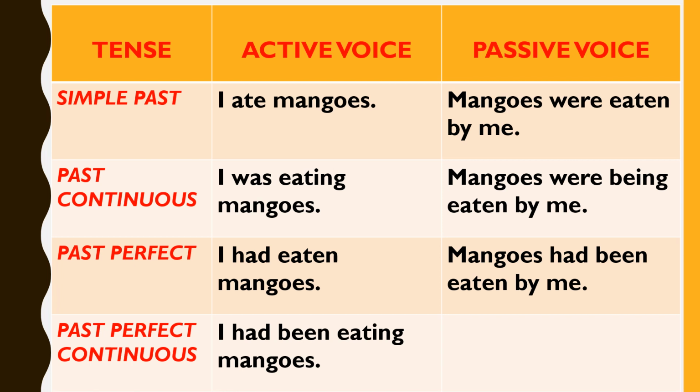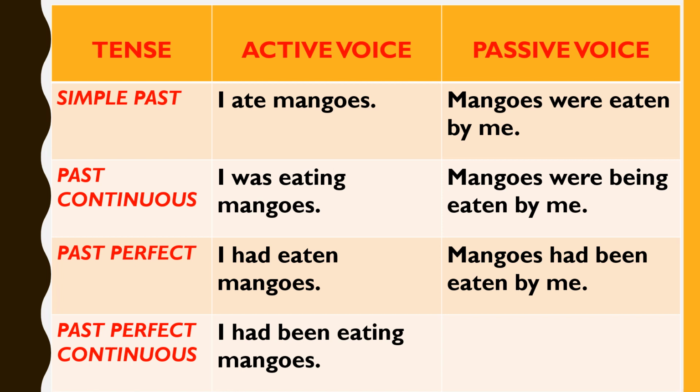Of course, the subject is I, ate is the verb, mangoes is the object. But the number is plural, mangoes. So when it is transformed, mangoes becomes the subject. Since it is the plural form, we have taken the auxiliary verb were.